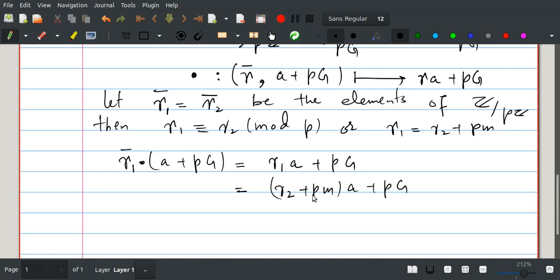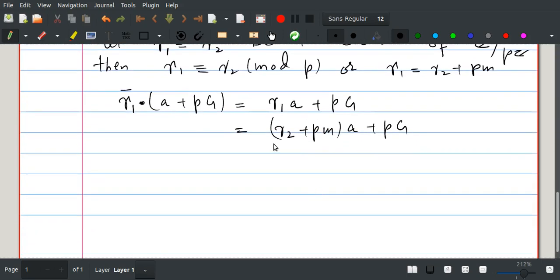Now R2, P, M and A are all integers, and by distributive law in integers, this is R2A plus PMA plus PG. Now A being an element of G, PMA is an element of PG.